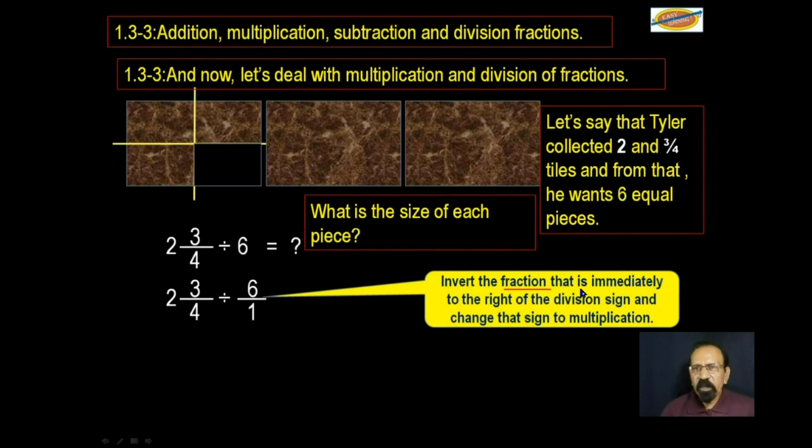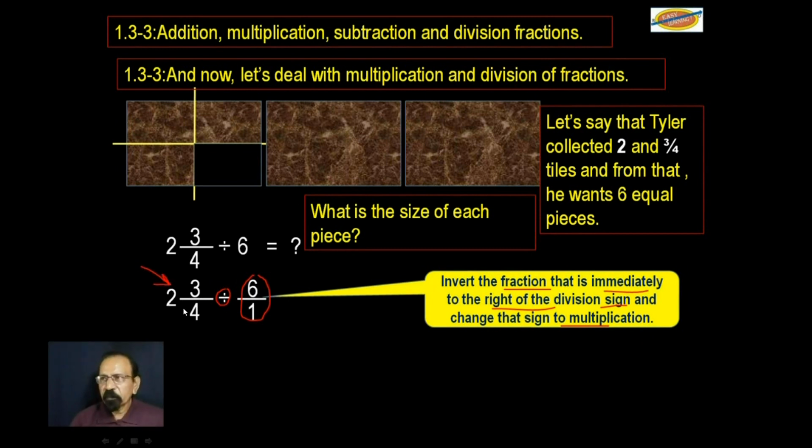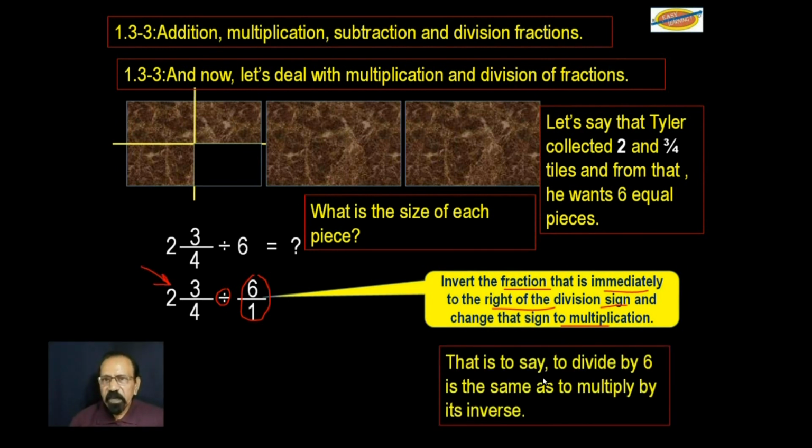Invert the fraction that is immediately to the right of the division sign and change that sign to multiplication. So we will invert this and change this division to multiplication. Of course, we have to carry that to an improper fraction. Now, that is to say, to divide by 6 is the same as multiplying by its inverse.